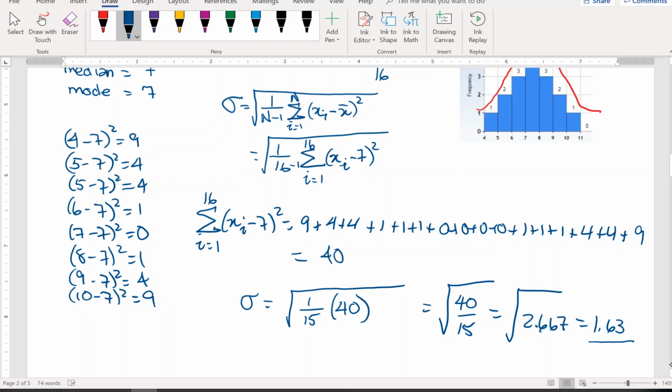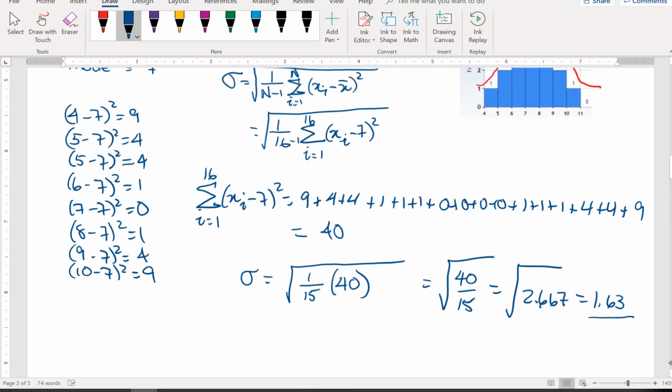And so we say that the majority of our data is within 1.63 standard deviations from the mean. We know that the average, the mean, is 7.